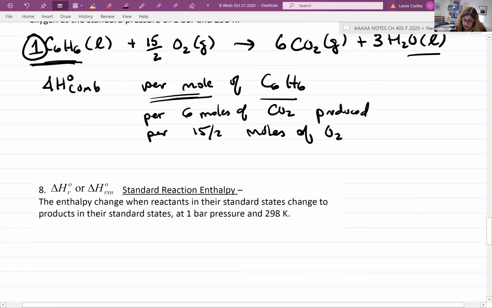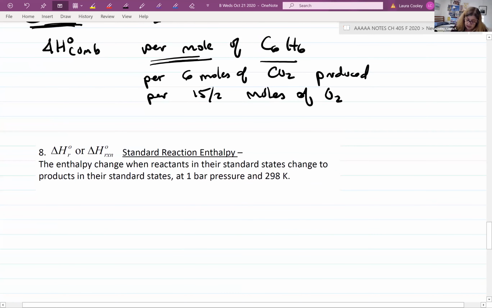So if I continue with this thought, this delta H0 reaction, the standard reaction enthalpy, is the enthalpy change when reactants in their standard states change to products in their standard states at 1 bar pressure, 298 Kelvin, but it's per mole.